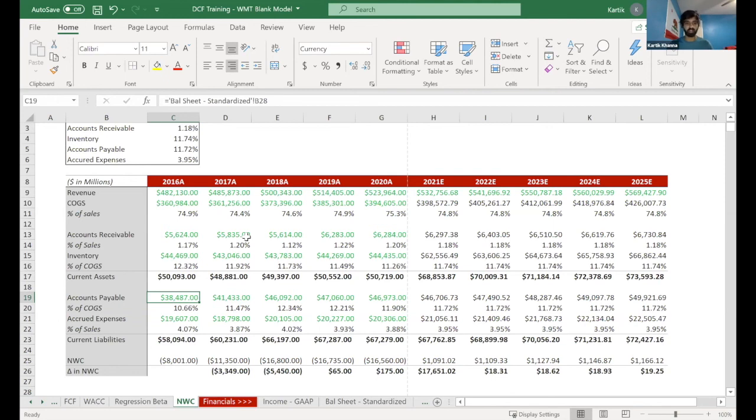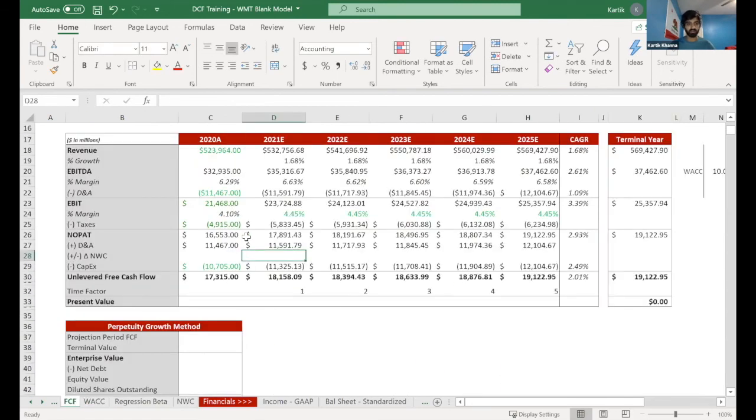So we want to adjust for that. So that's why we include it in our change in net working capital. And the combination of the decrease in inventory and an increase in AP is enough to get us to a negative change in net working capital, which means we've had an increase in cash for 2017.